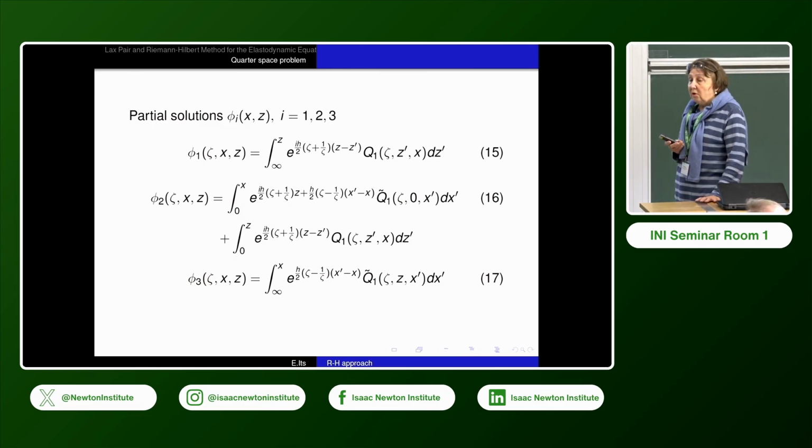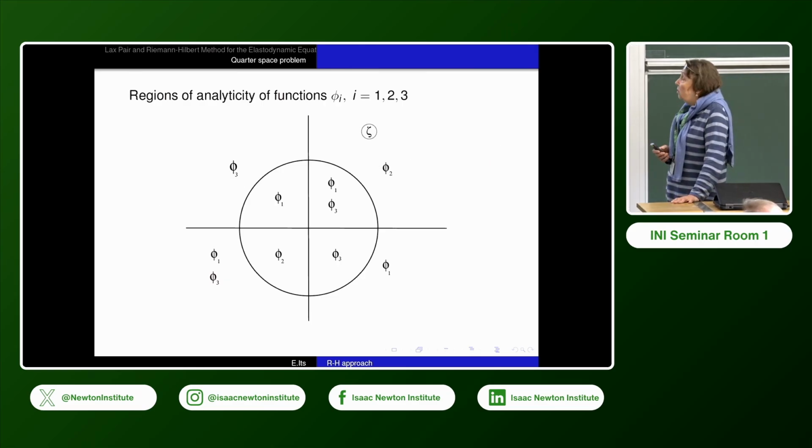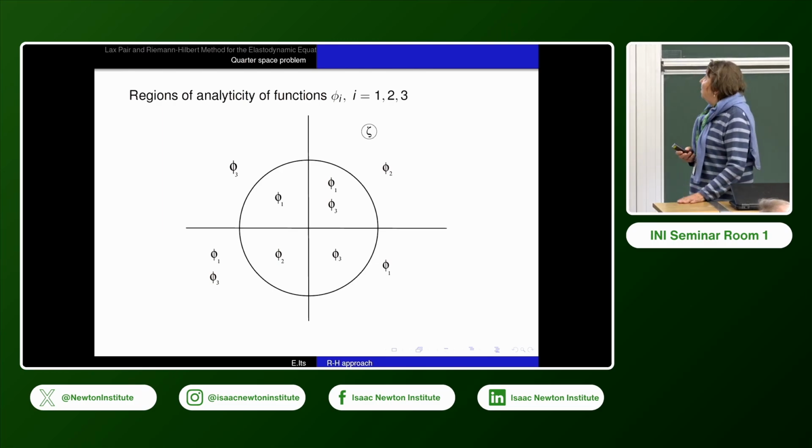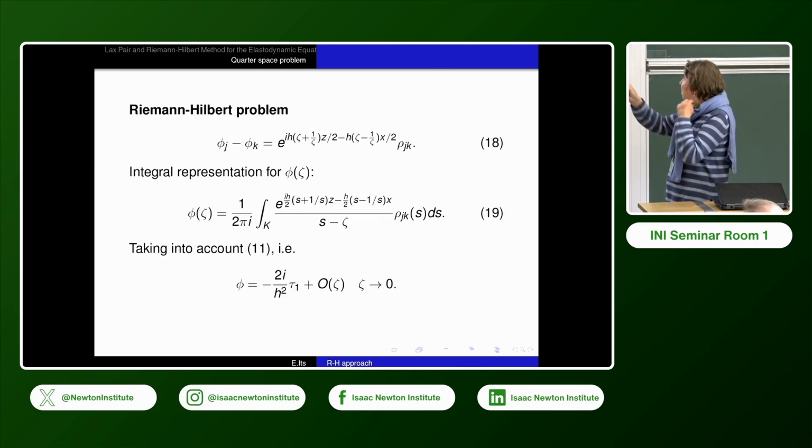These particular solutions are analytic in certain regions of the complex plane, and on the border of analyticity of the particular solutions, we could write the difference between one and another particular solution, like on the top.